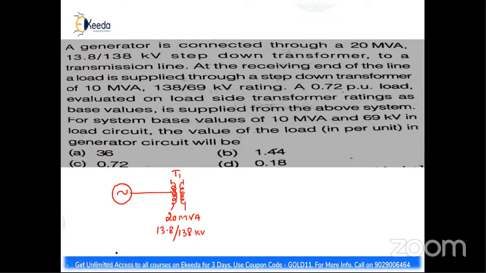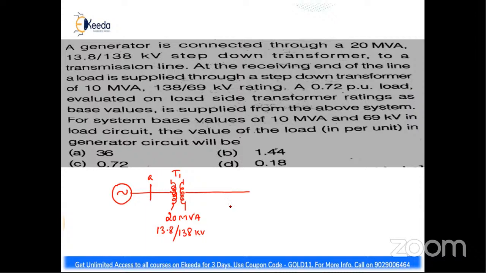Then it is connected to a transmission line. So we'll have a bus here, that is A. This is our transmission line.